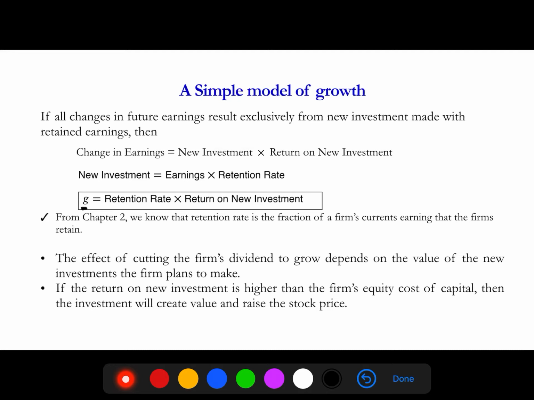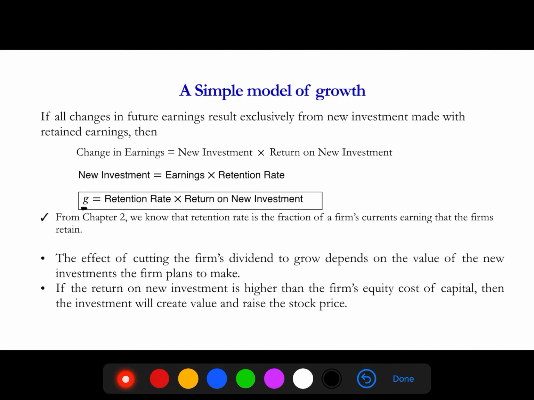If the return on new investment is higher than the firm's equity cost of capital, then this new investment will create value and maximize the shareholders' wealth.